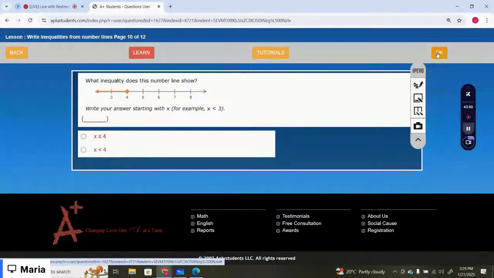That is x is less than or equal to 4. Option number 1 is the correct option.